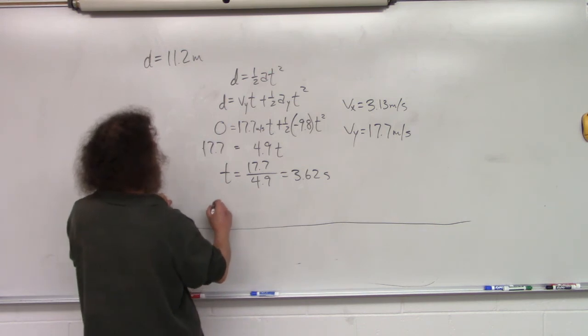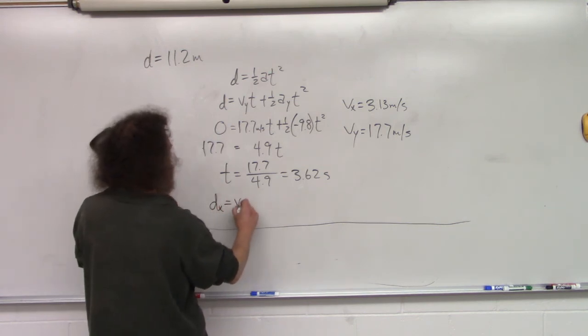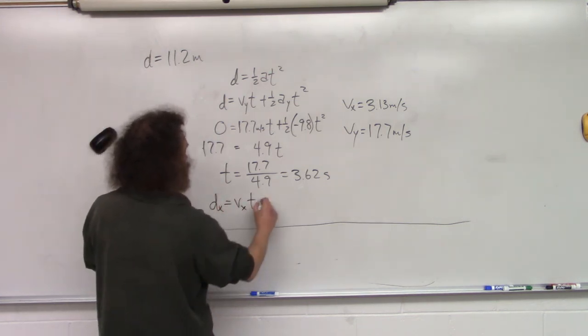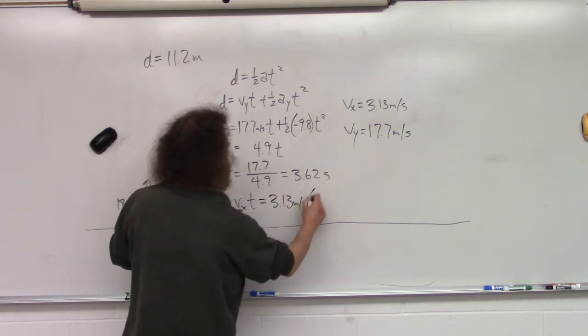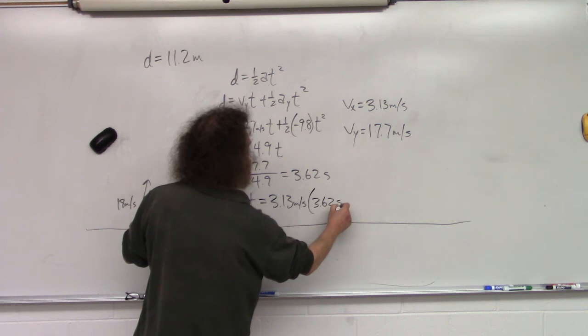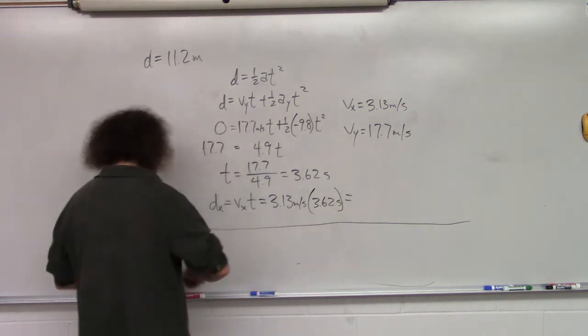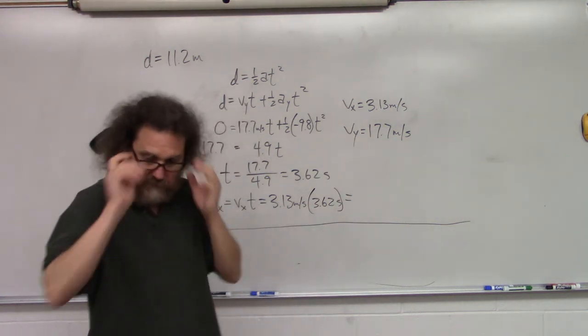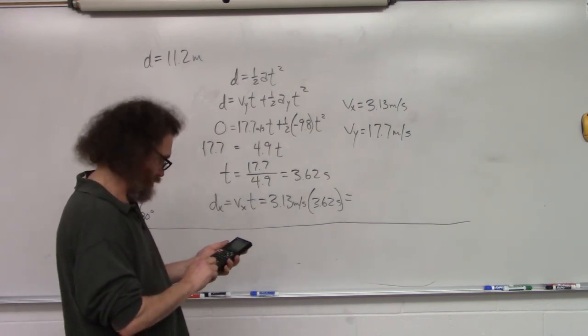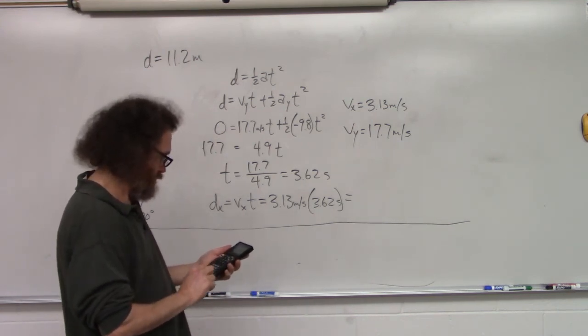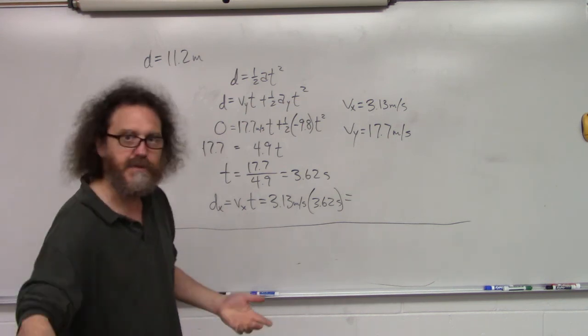The distance in the x direction is just the velocity times the time, which is 3.13 meters per second times 3.62 seconds. And that's 11.3 meters.